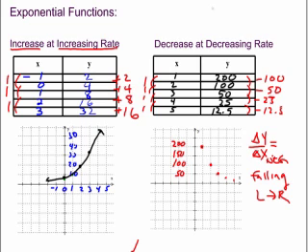And if we draw this in again, you don't have a straight line, you have more of a curve, and this is actually called an exponential function. So when you have a function that's either increasing at an increasing rate or decreasing at a decreasing rate, the model is actually better described as an exponential model.